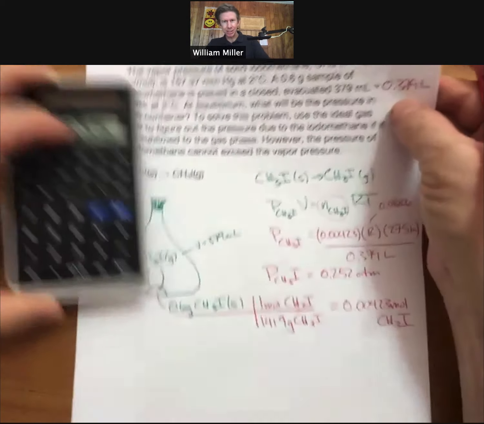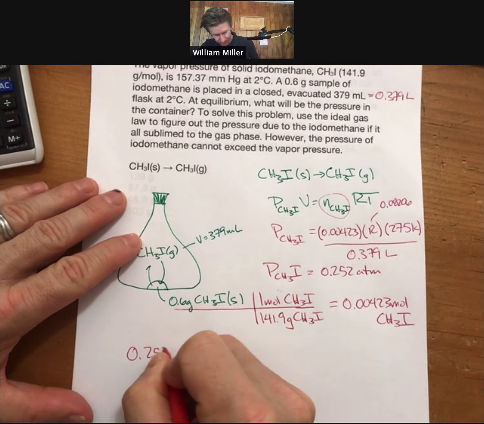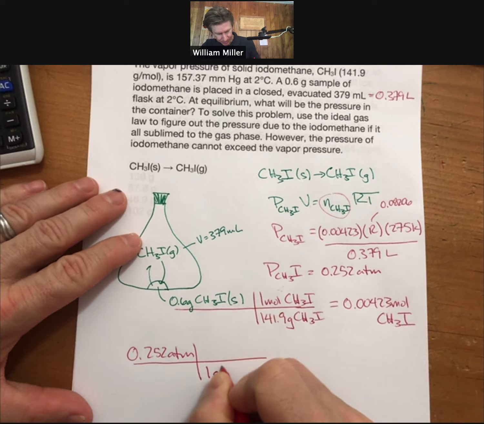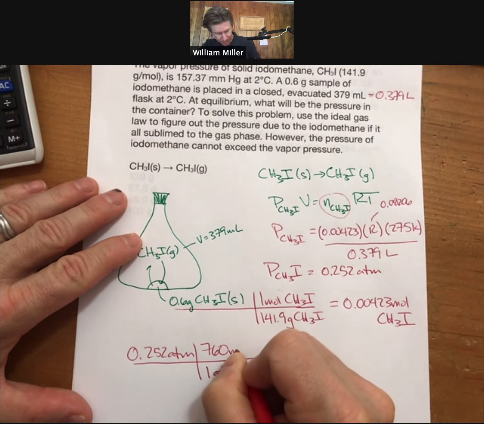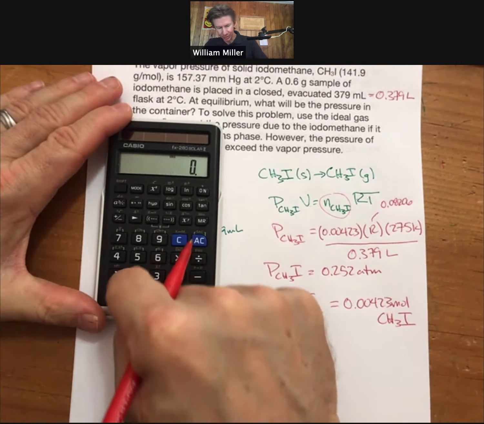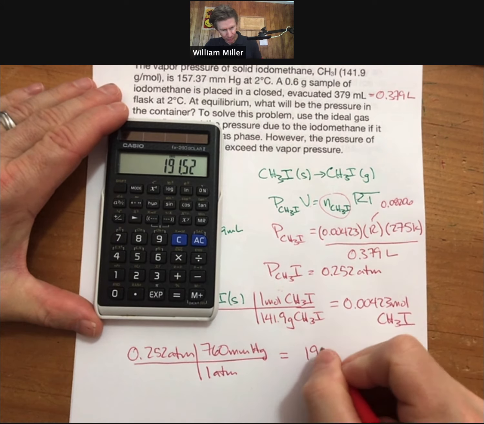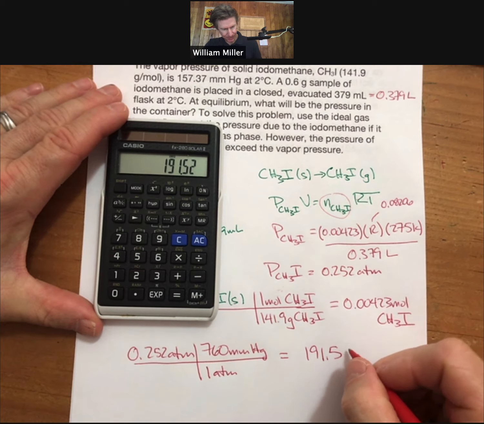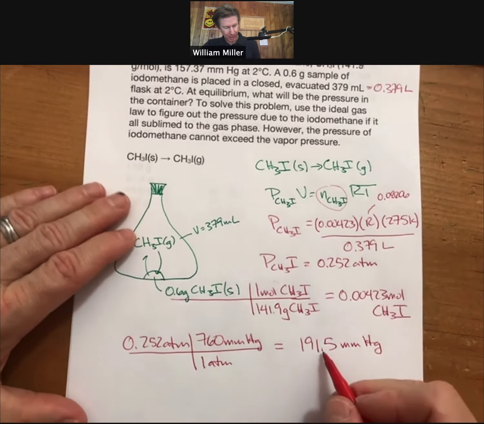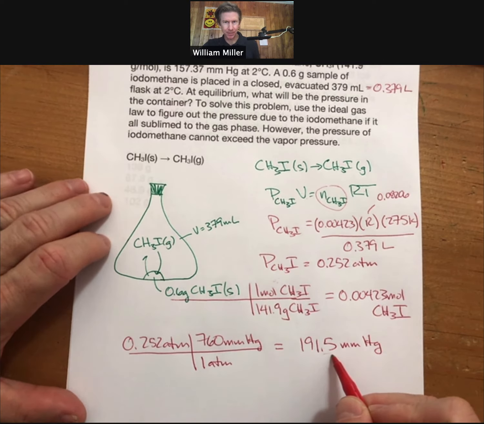Now I'm going to convert this into millimeters of mercury. And I'm going to use my 0.252 times 760. I get 191.5 millimeters of mercury. Okay, so if all of it went into the gas phase, this would be the pressure.